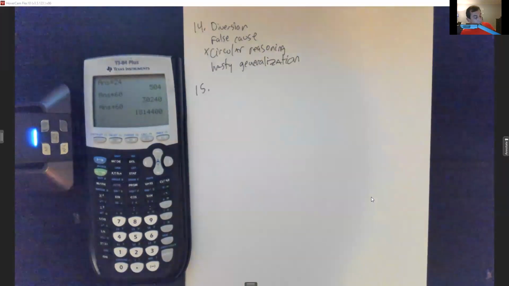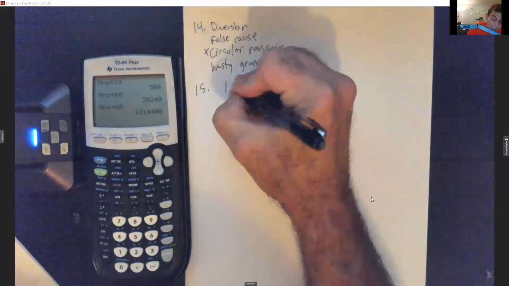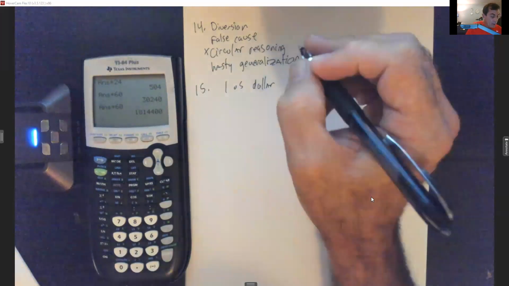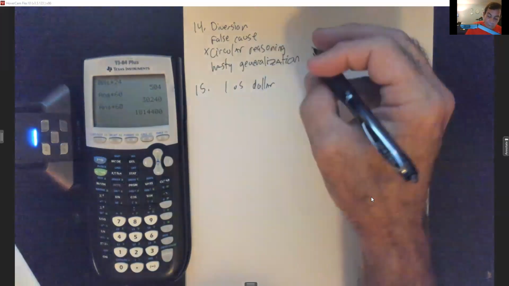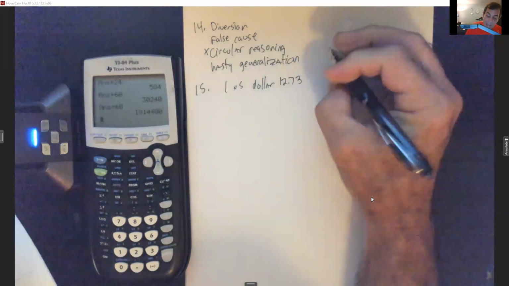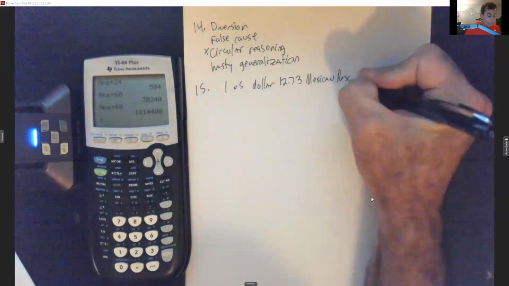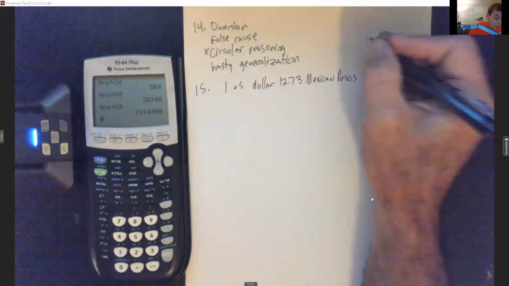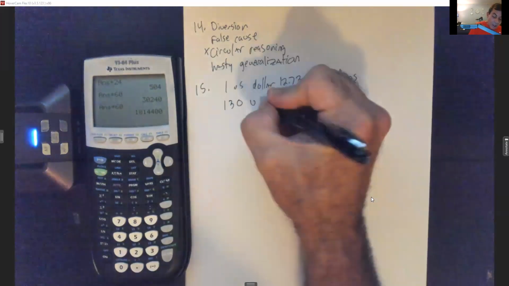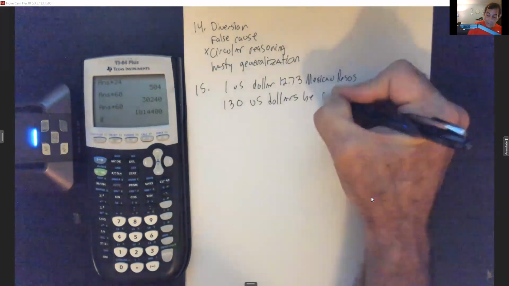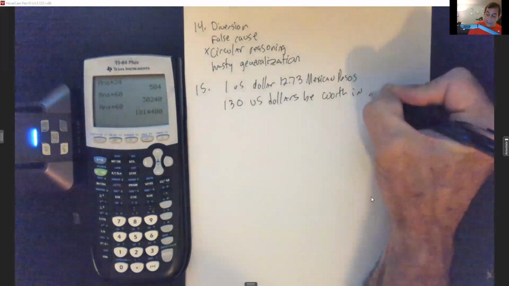All right. Recently, $1 was worth 12.73 Mexican pesos. How much would 130 US dollars be worth in Mexico?